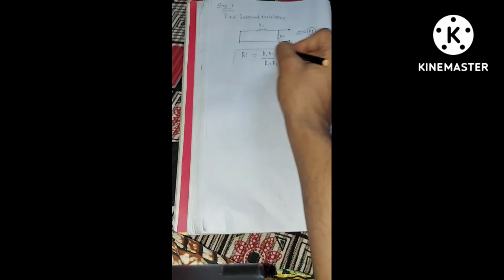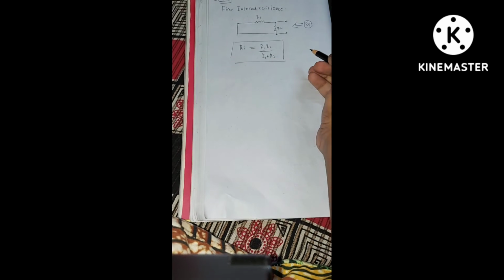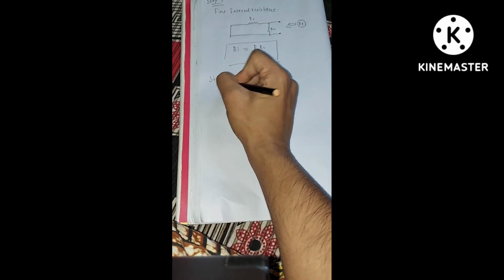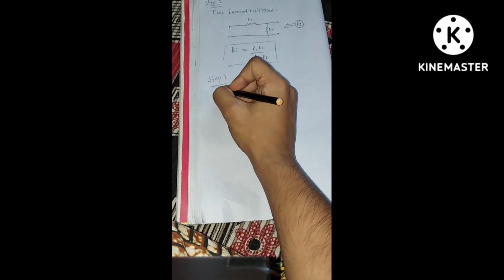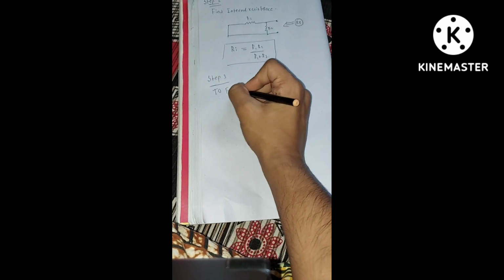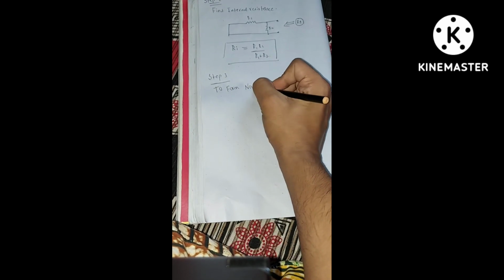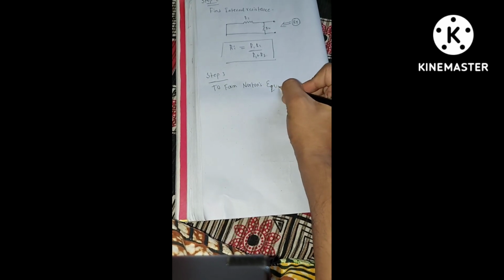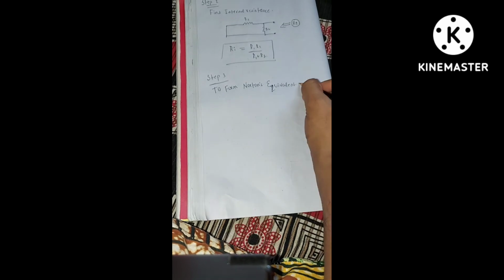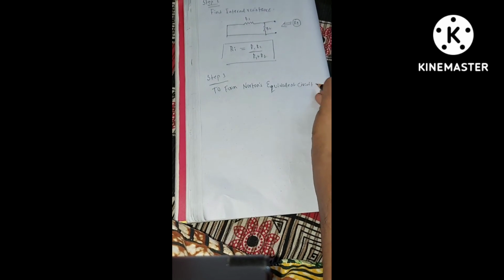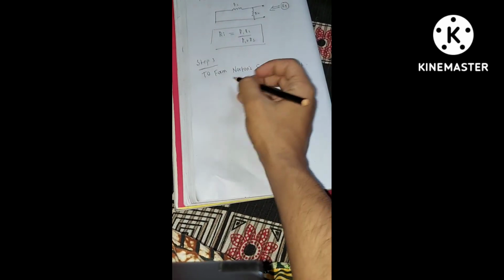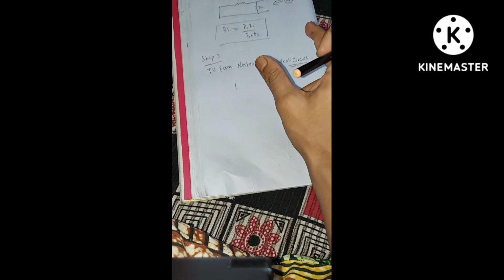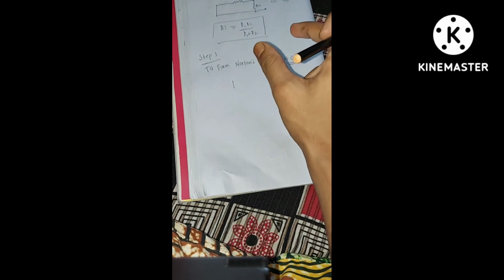Okay, for step 3 we have to form a Norton's equivalent circuit. So for forming an equivalent circuit you should have a current source and an equivalent resistance.